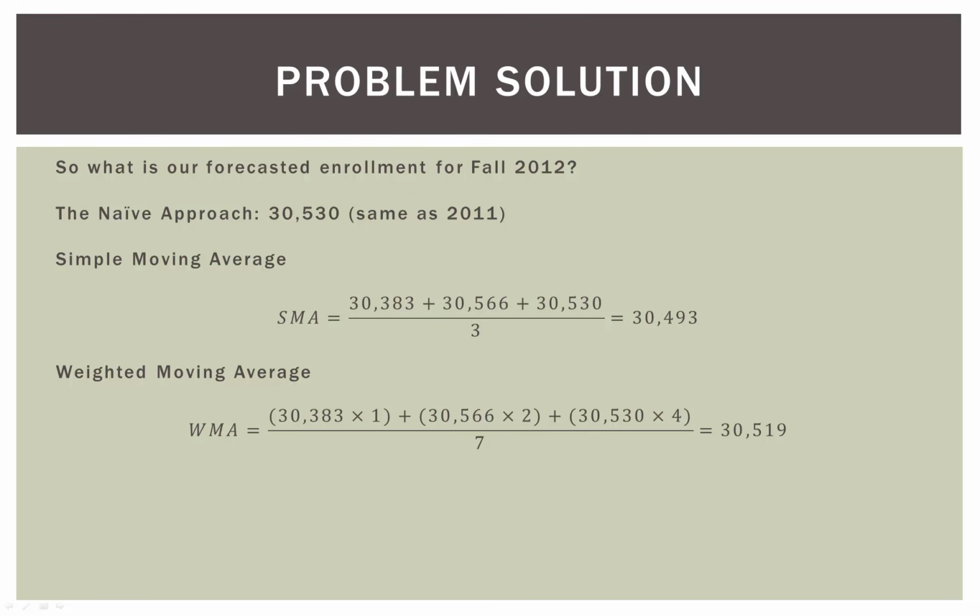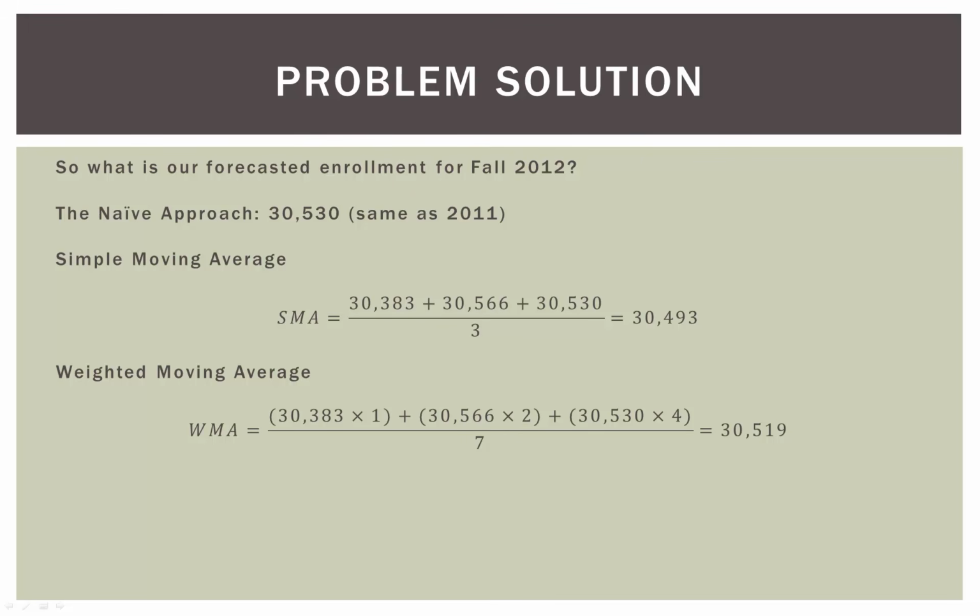Using the weighted moving average, we took the last 3 years but weighted each one differently. We gave last year a weighting of 4, the year before that a weighting of 2, and the year before that a weighting of 1. We weighted each value, divided by our total weights, which were 7, and came up with a forecasted enrollment of 30,519.